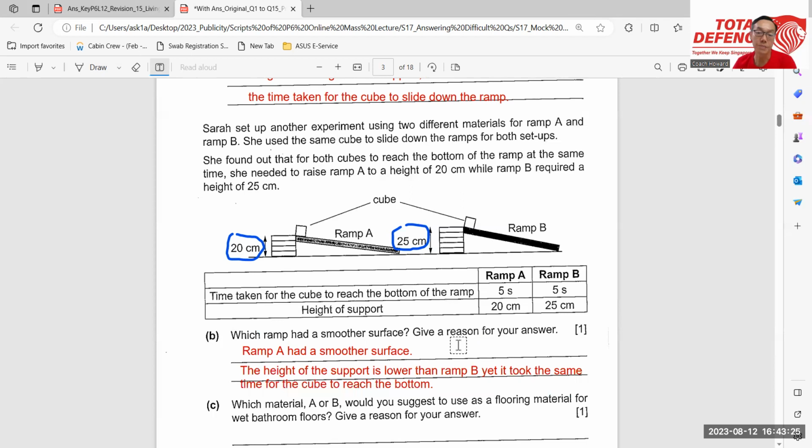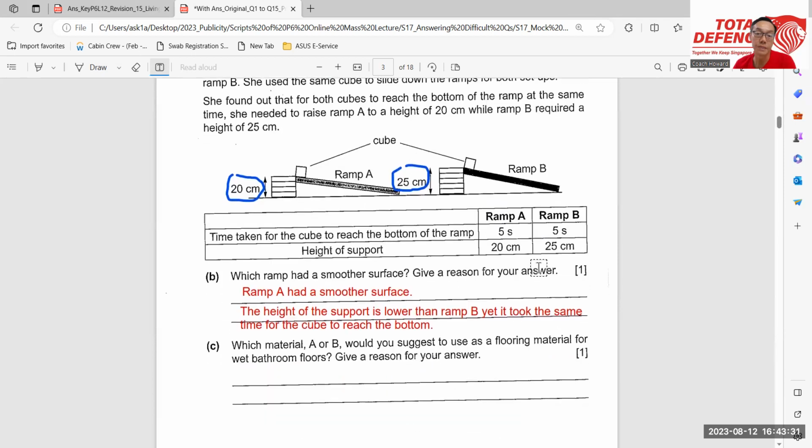Okay, the height of the support is lower than ramp B, yet it took the same time for the cube to reach the bottom. Okay, next. Okay, since you know that ramp A is smoother, right, that means ramp B is rougher. So in order to prevent anyone from slipping, we choose a rougher material. So definitely you should choose ramp B because it's a rougher surface than ramp A. Thus, you provide more frictional force.